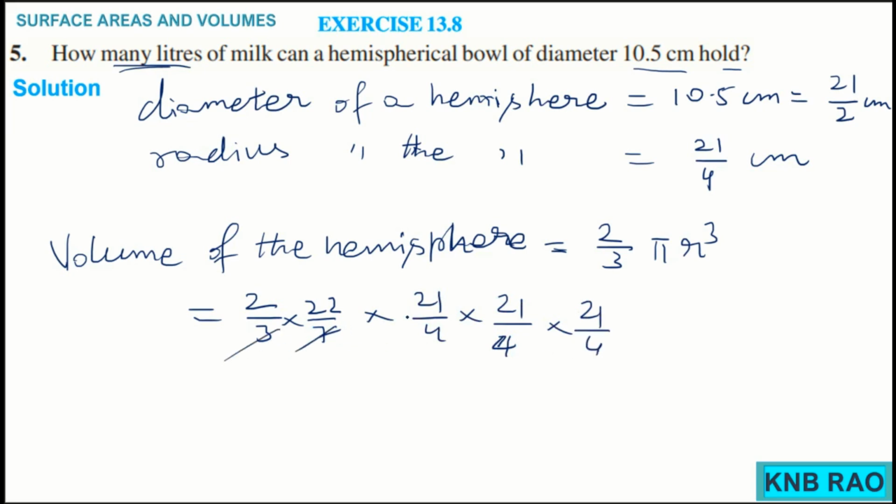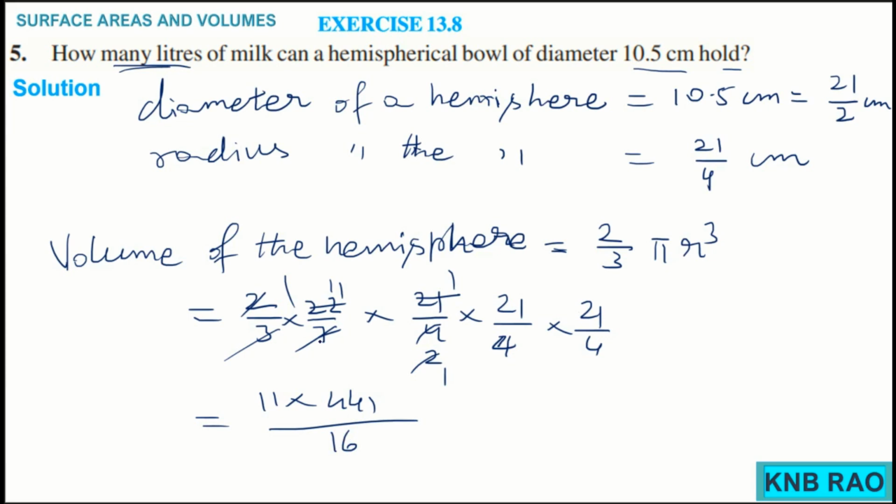7 3s are 21, which will cancel with this. So 2 1s are 2, and 2 11s are 22, so we have to multiply totally. 11 into 21 square is 441, upon 4 square, which is 16.